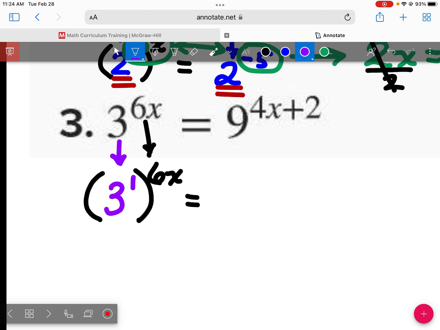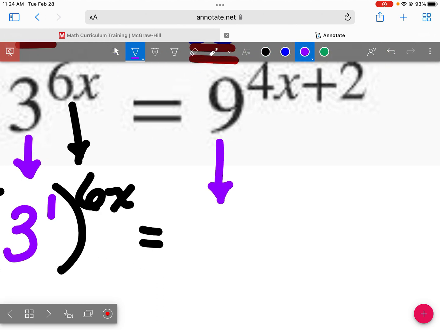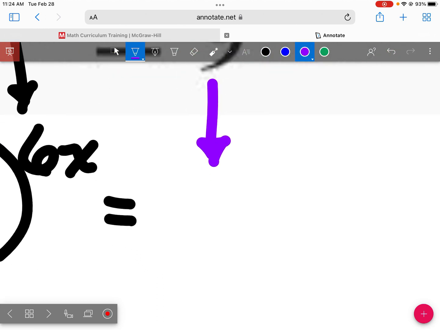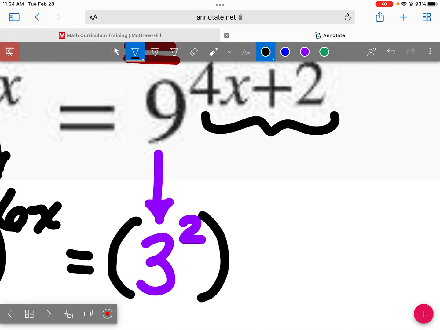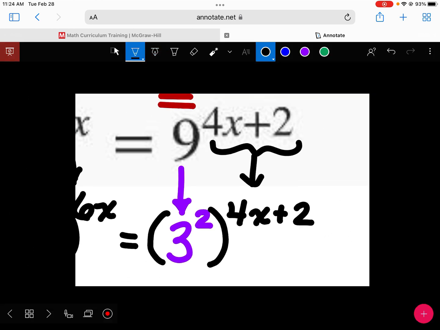How would I rewrite 9? 3 to the, not third, 3 to the second. Remember, the exponent is how many times we multiply it by itself. So 3 to the second power. But then I've got all of this exponent here, 4x plus 2.